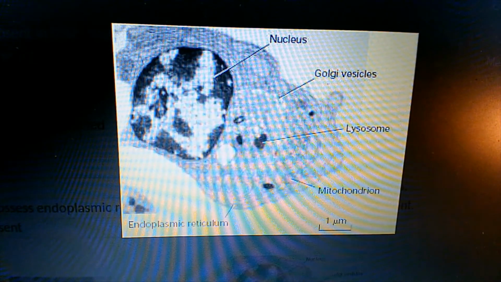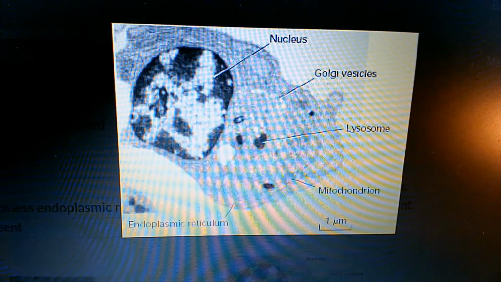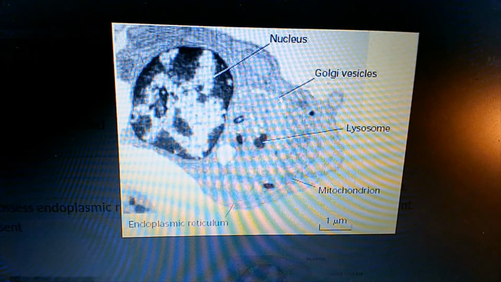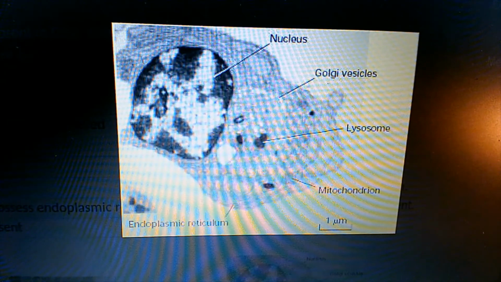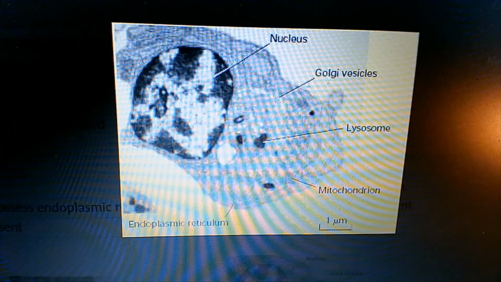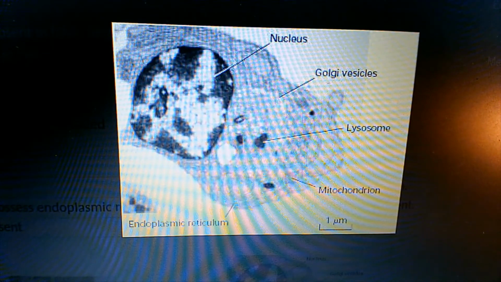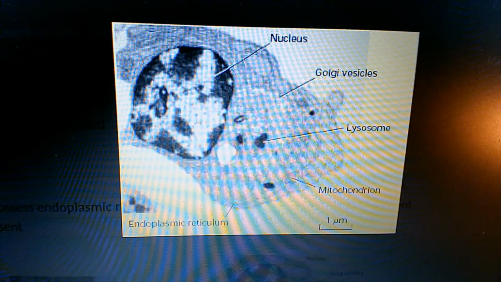Okay, here's a picture of a eukaryotic cell, and you can see the nucleus, the Golgi vesicles, a lysosome, which is kind of a storage organelle, and it usually has some things that will help break down different parts of the cell.